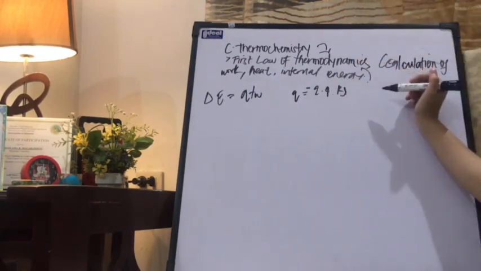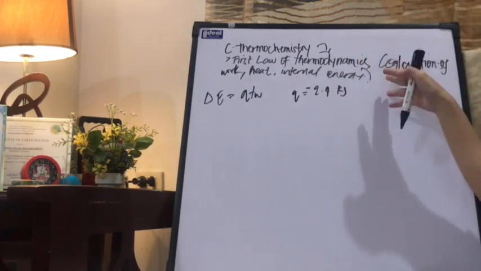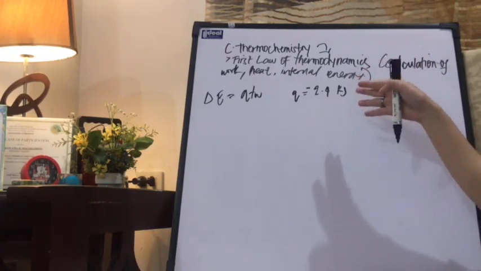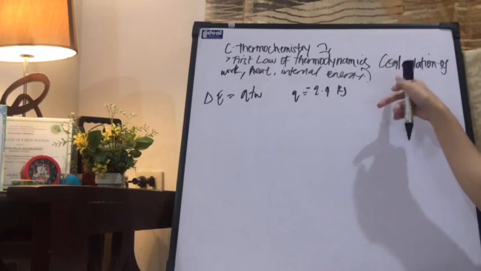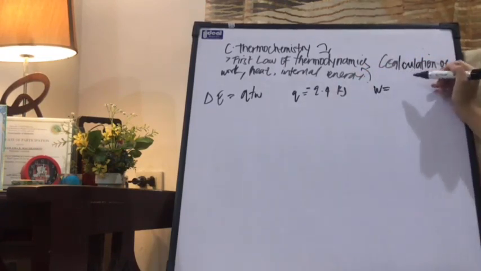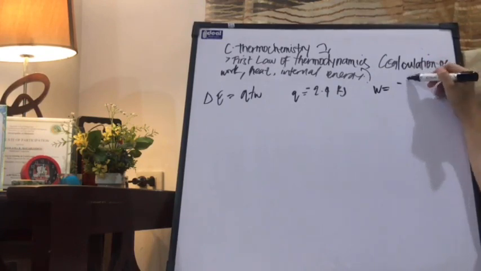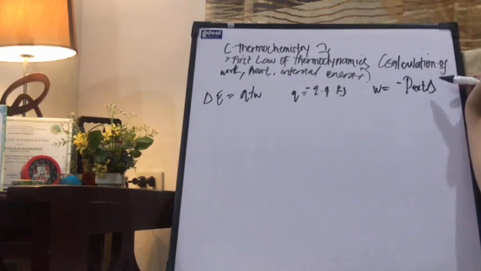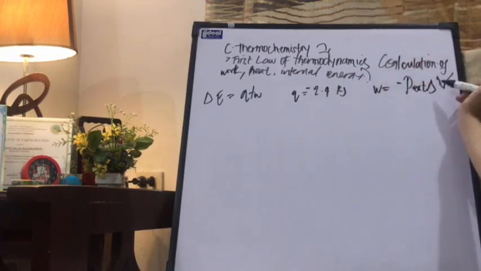So now we can calculate the work. We're told that the gas was initially compressed from a volume of 20.5 liters to a final volume of 8.9 liters. The equation for work is that work is minus the external pressure times the change in volume.